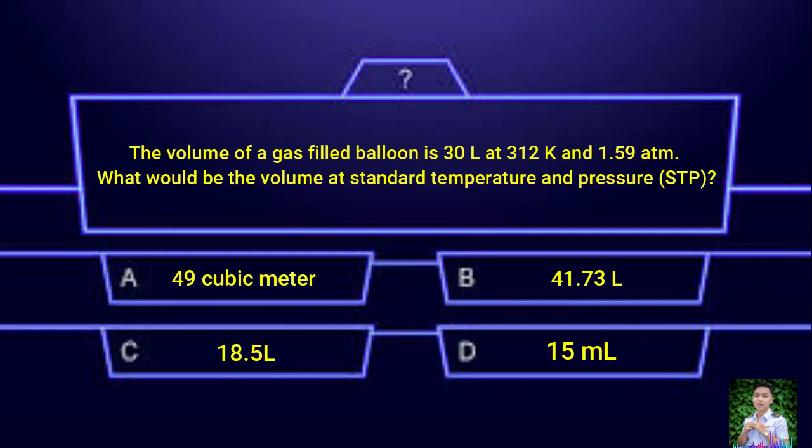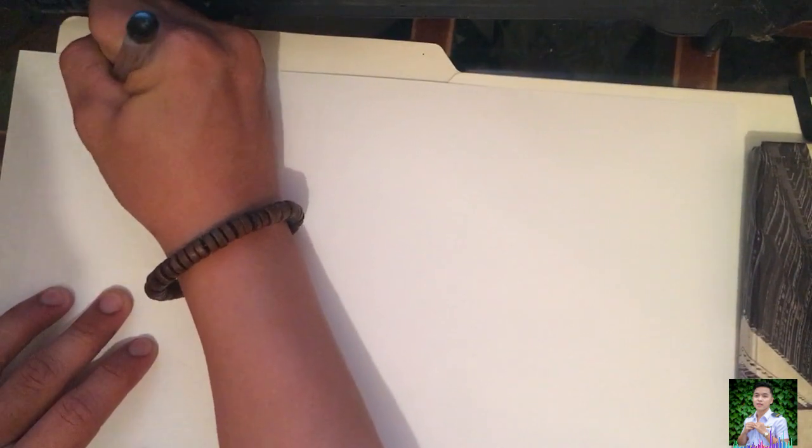And for our last sample problem, the volume of a gas-filled balloon is 30 liters at 312 Kelvin and 1.59 atm. What would be the volume at standard temperature and pressure, or STP? Let's start by putting all the given data. V1 is equal to 30 liters. T1 is equal to 312 Kelvin.